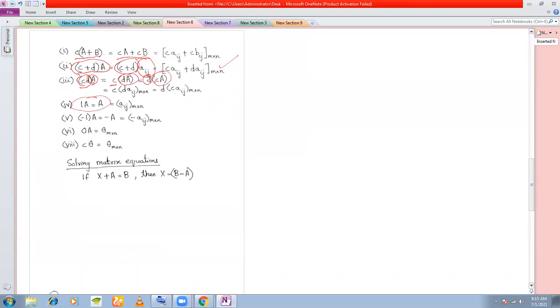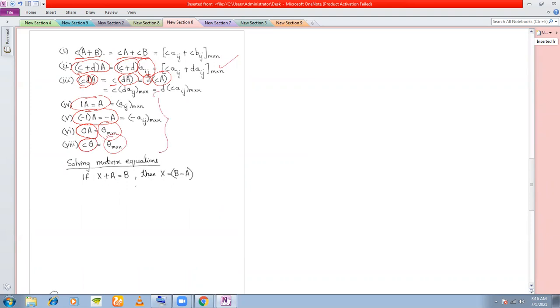If you multiply 1 with a matrix A, you will get back the same matrix. Similarly, if you multiply -1 with the same matrix, you will get the negative of the matrix. If you multiply 0 with a matrix, you will get a null matrix of the same order as A. And if you multiply a scalar C with a null matrix, you'll get a null matrix. Fine, so these are the properties.